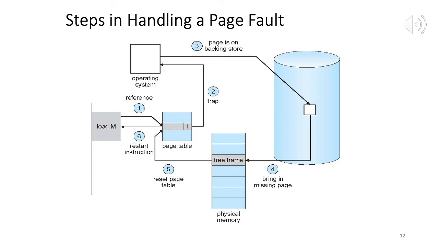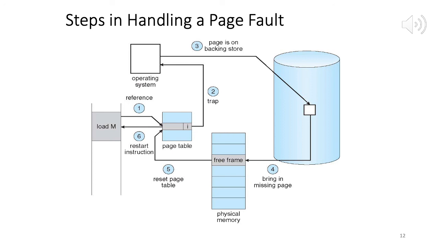So what happens is we have an instruction, let's say load M, to execute. That instruction corresponds to a page. If a page size is 4K, how much does an instruction take? Not 4K.